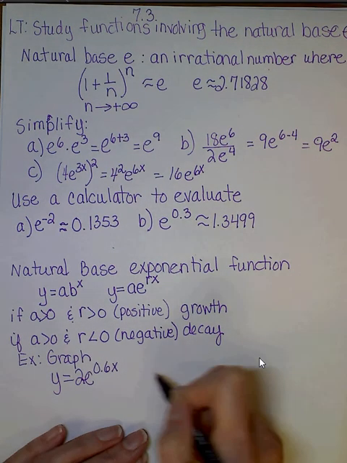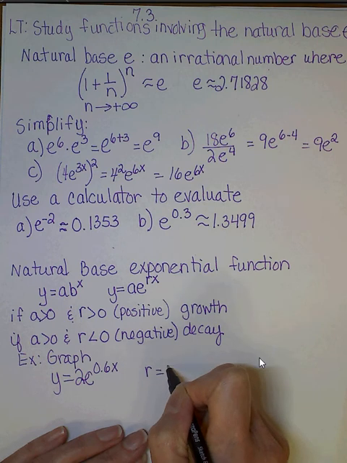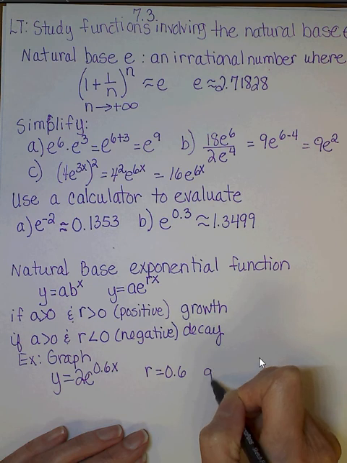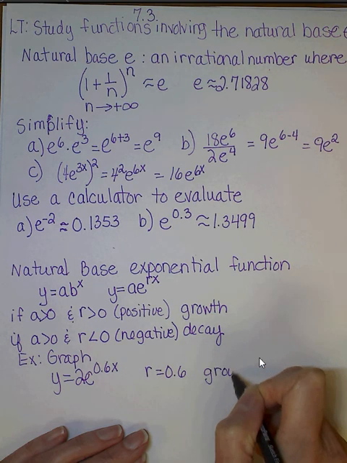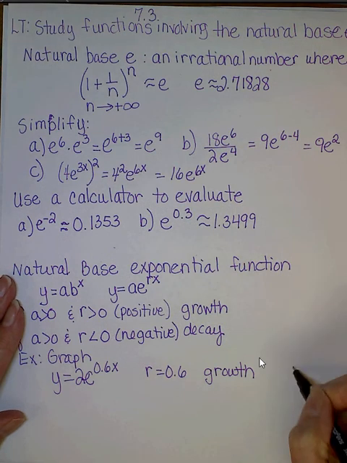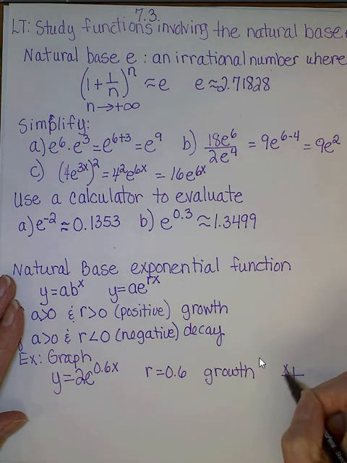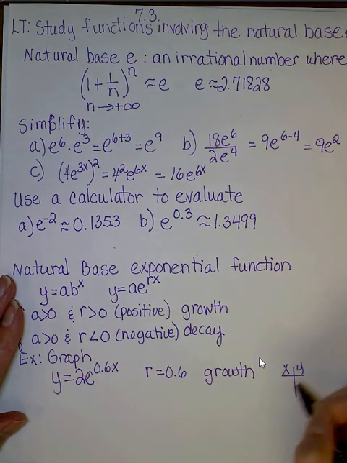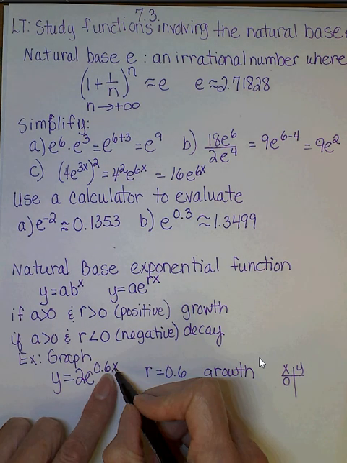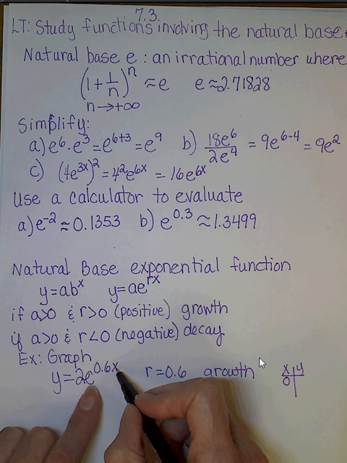Alright, so this time our R value is 0.06, which is positive, so we know our graph should look like growth. But you can make your XY table just like we've been doing and plug in 0. If I plug in 0, I'd get e to the 0 power, which is always 1, times 2.